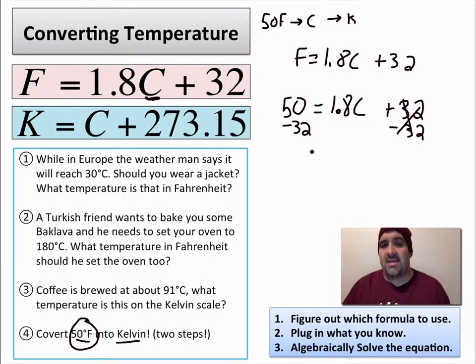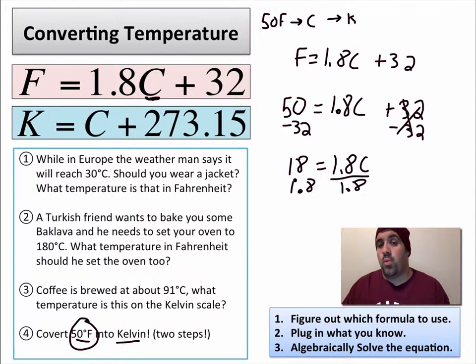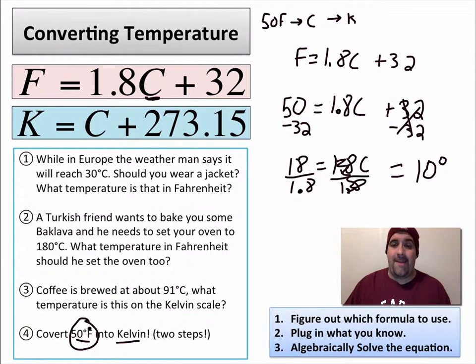So 1.8C is going to equal 18. 18 equals 1.8C. If we divide both sides by 1.8, and we put 18 divided by 1.8 in our calculator, we will see that Celsius equals 10 degrees. So 50 degrees Fahrenheit is 10 degrees Celsius.